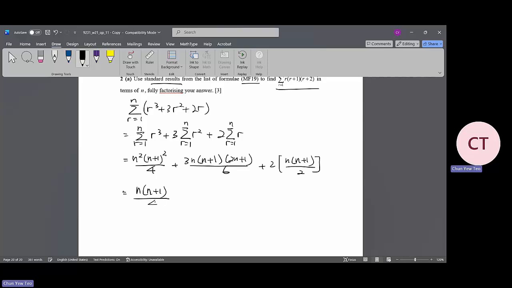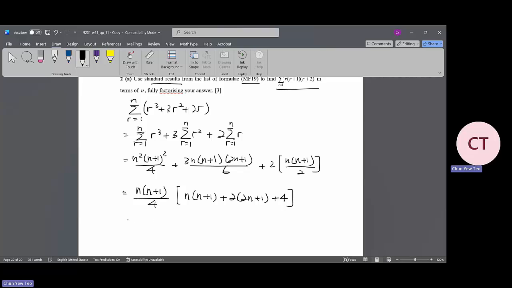We factorize the 4 out. So here we'll get n plus 1, here we'll get 2 of (2n plus 1), then this one will be 1, all over 4.